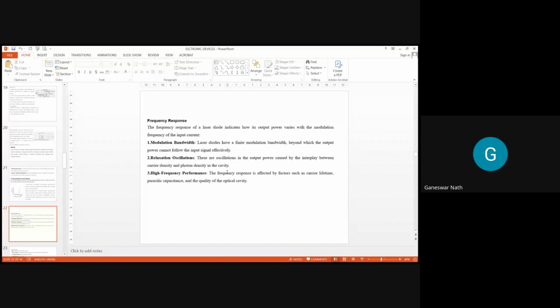The mirrors allow the back and forth motion of the reflected photons to align themselves in a particular direction, producing a high output. This is the high frequency performance that can be attained through the laser diode. That is why the laser diode is more efficient than a power diode and also LEDs.